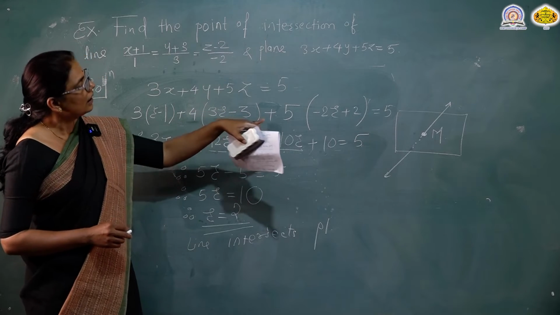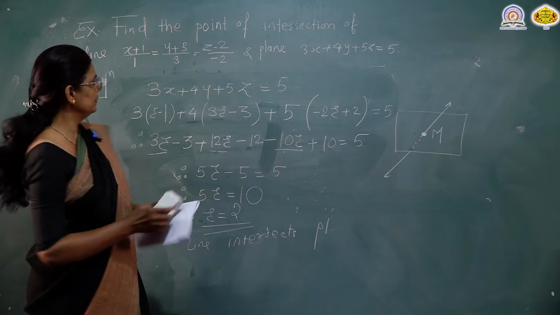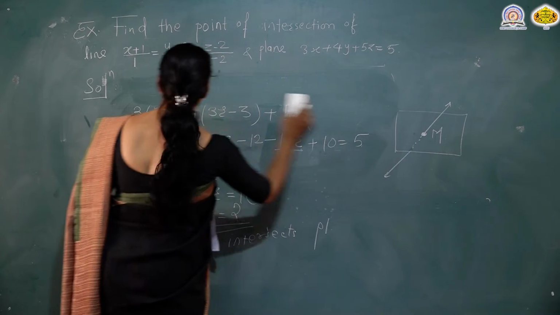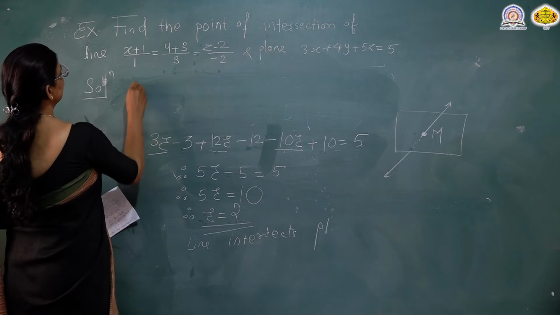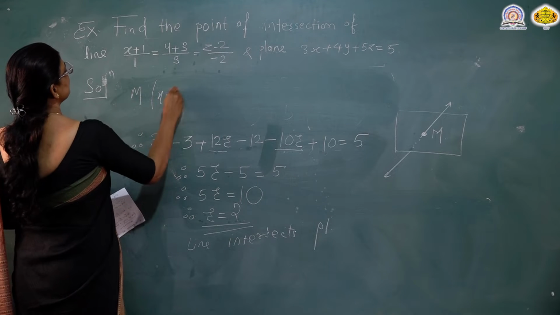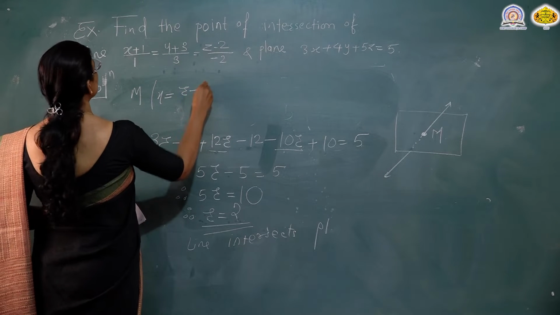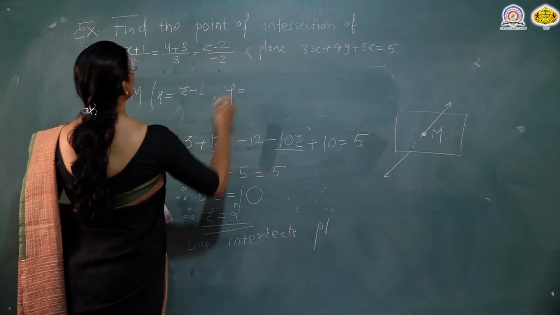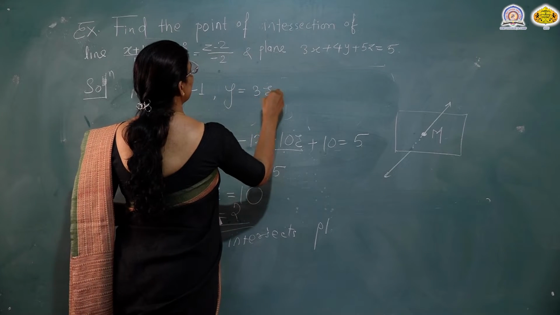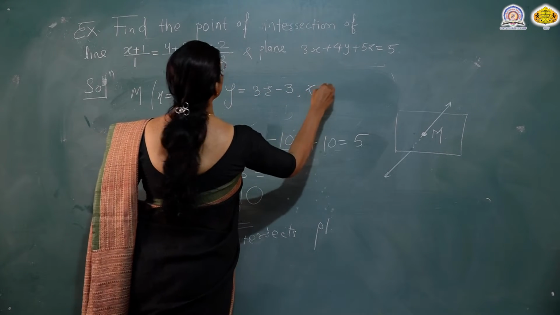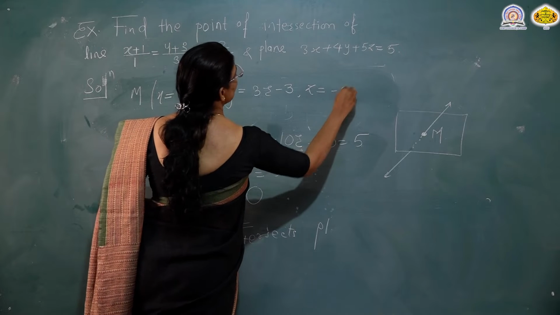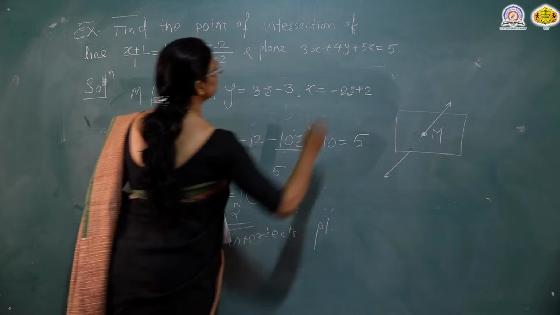in the coordinates of M. So we know that M has coordinates x equals r minus 1, y equals 3r minus 3, and z equals minus 2r plus 2.